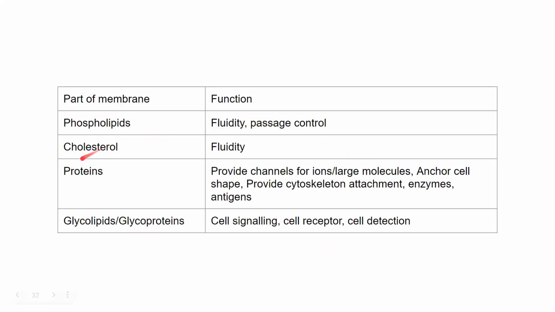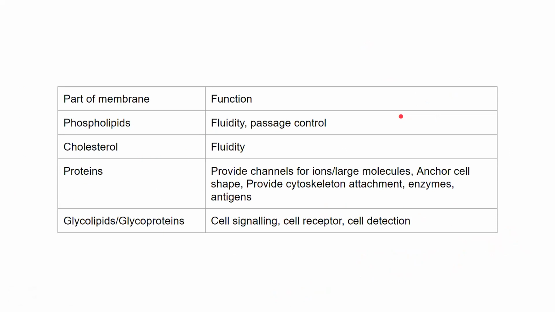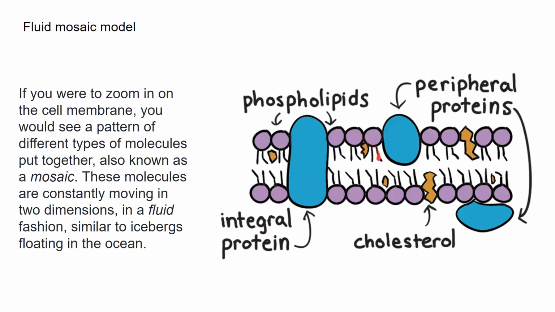But then there's proteins. Proteins can be used to anchor cells. For example, the cytoskeleton can attach here to anchor different organelles, or from the outside a peripheral protein can anchor itself to the next cell. So there can be different reasons. They can be channels, because for example, large ions cannot pass through. Remember, I told you these are water hating.